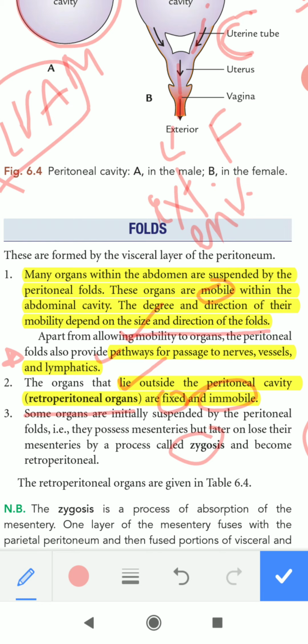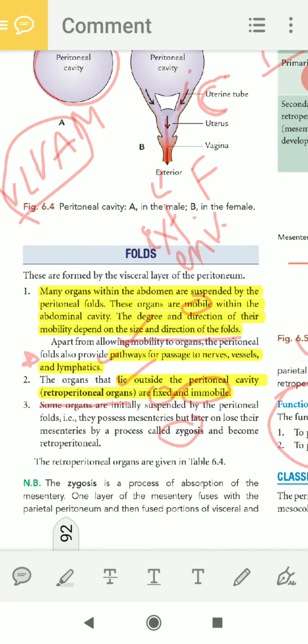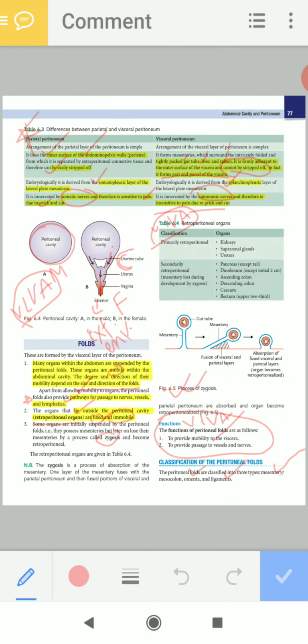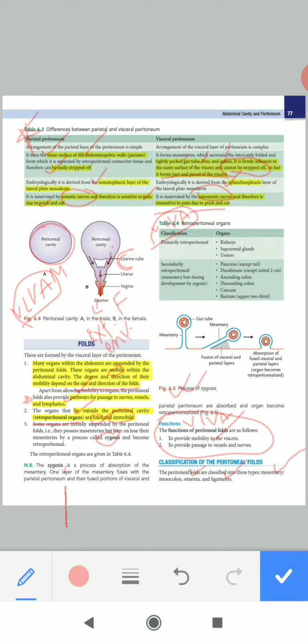Okay, actually what is called retroperitoneal organs? Retro means back and peritoneum means peritoneal cavity. The organs which lie back to the peritoneum, just posterior to the peritoneum, are known as retroperitoneal organs. Suppose this is the peritoneum, okay, and this is an abdominal organ.